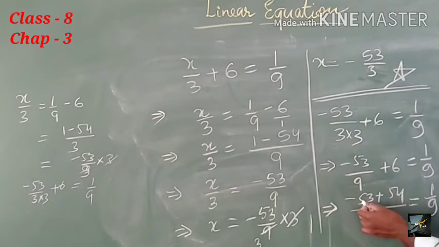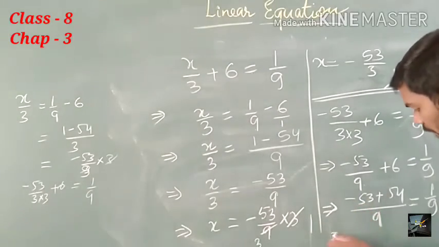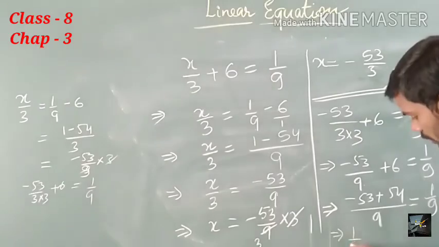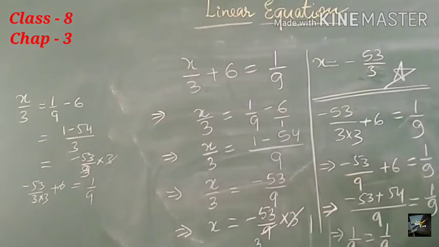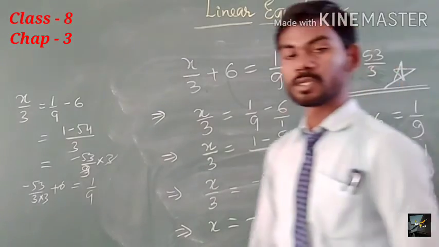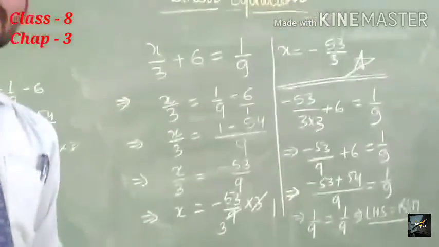So 54 minus 53 will equal 1. Therefore we get 1 upon 9 is equal to 1 upon 9, which implies that left hand side is equal to right hand side, which shows that our solution is true.